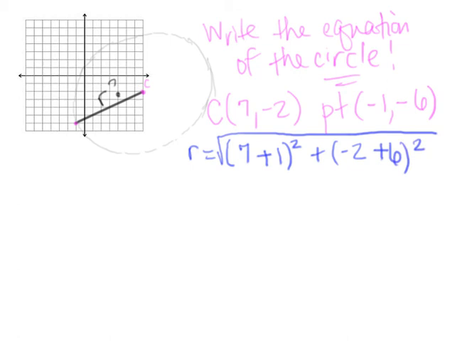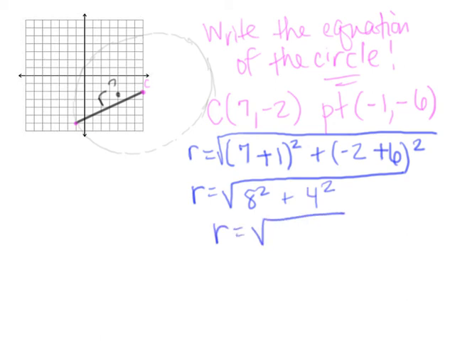So minus a negative became a positive there as well. So r will equal the square root of 7 plus 1 is 8 squared, -2 plus 6 is 4 squared. r will equal the square root of 64 plus 16, and r is the square root of 80.